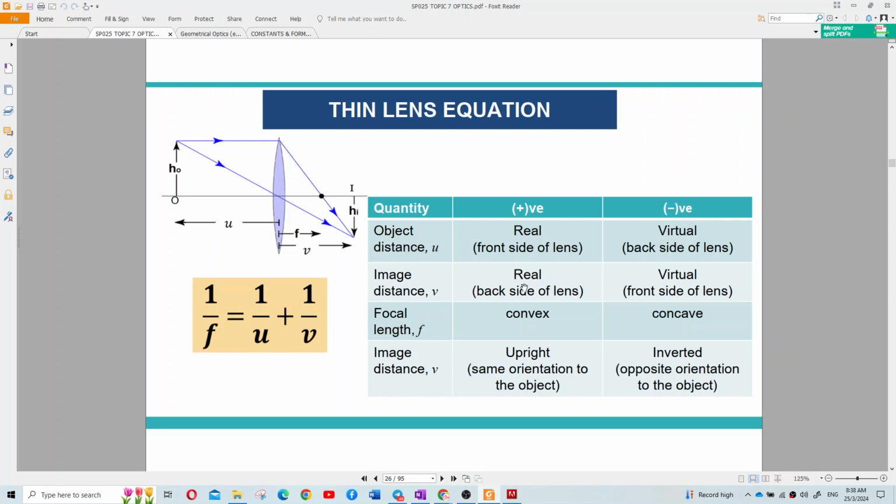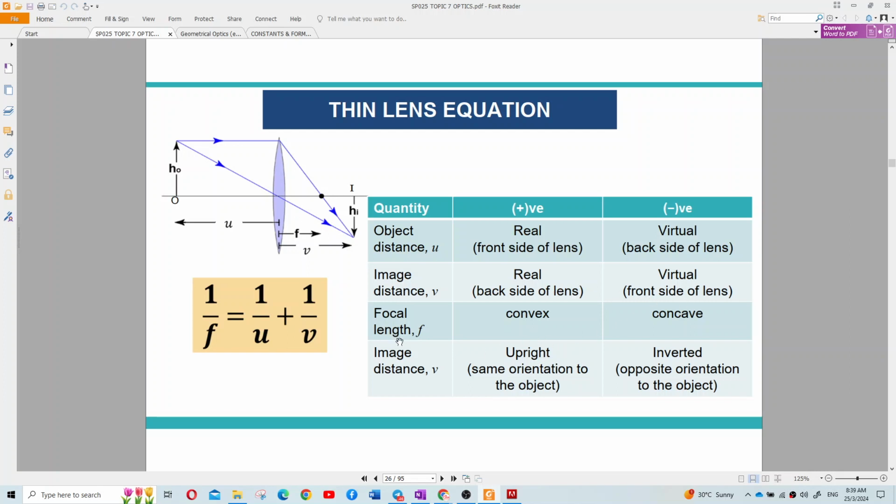Image also: if real image, positive V; if virtual image, negative V. This real image is formed at the back side of the lens. Later I will discuss this, back side and front side.